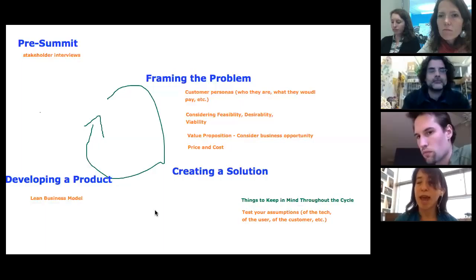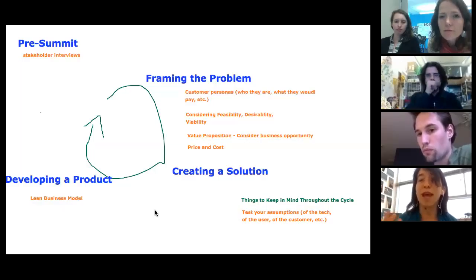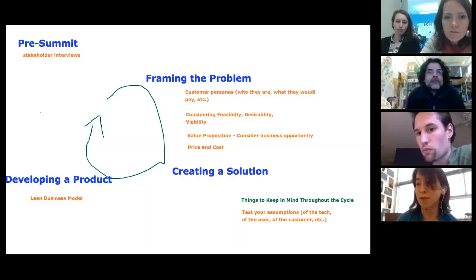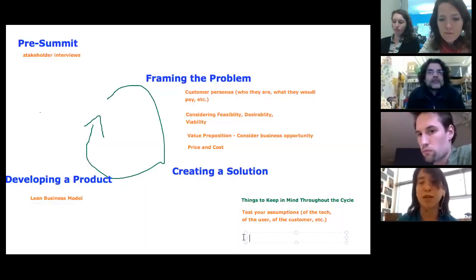And in the process, just going back to something that Eric said earlier, avoiding those soft yeses, answers that don't actually give you the information that you need. Like asking someone, oh, what would you pay for this? Or would you buy it at this price? Doesn't necessarily give you as accurate information as asking them to describe their current behavior, like how much do you currently spend on this problem?